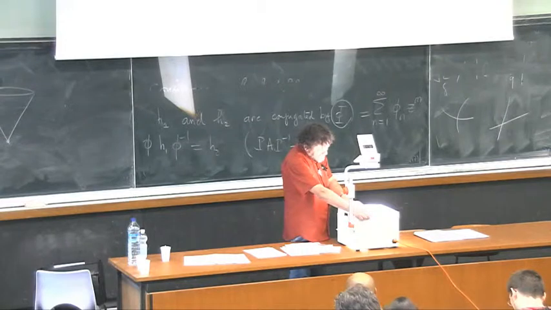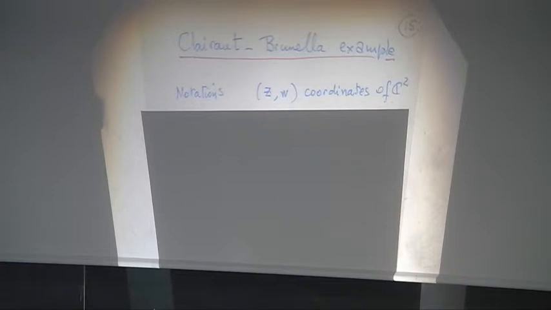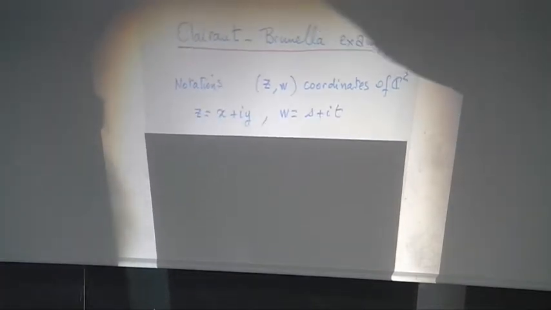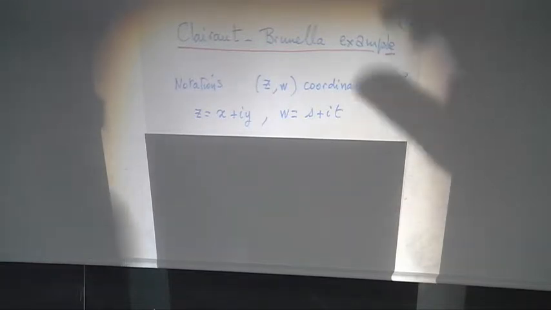The notation is the following: Z and W for the coordinates of C2, with real and imaginary parts like this. And you take in C2 the hypersurface given by this equation. In this equation, there is no x. So this is a cylinder in a picture which is in R3, if you want.